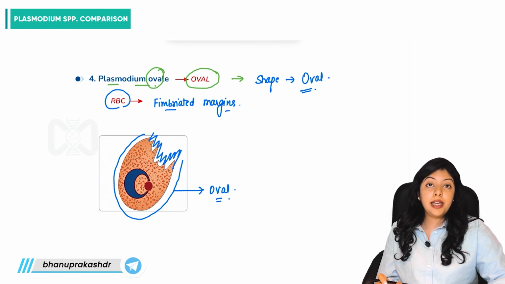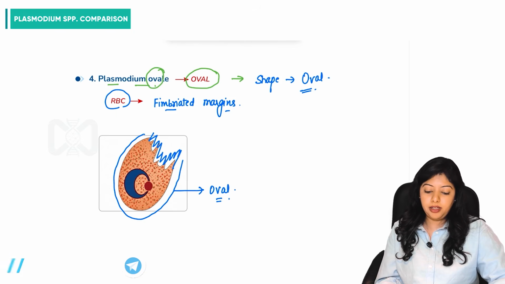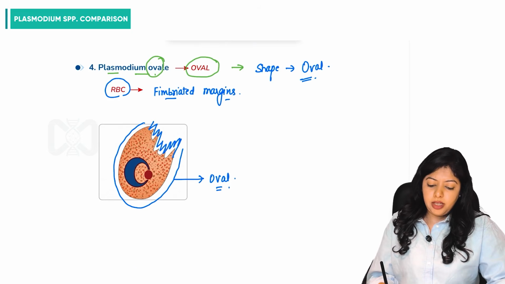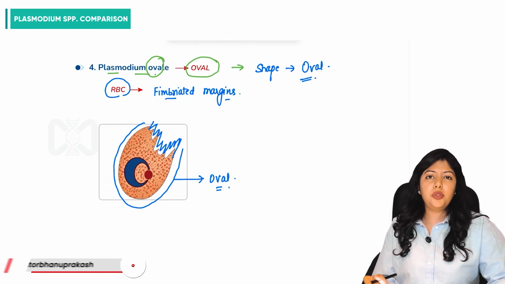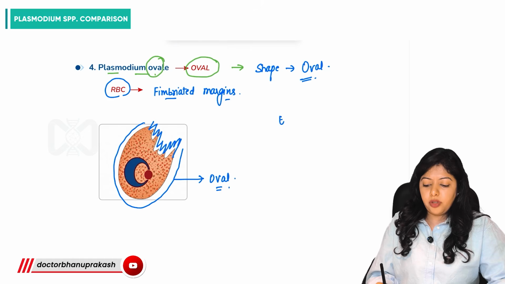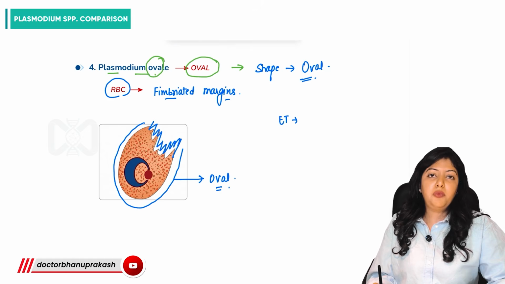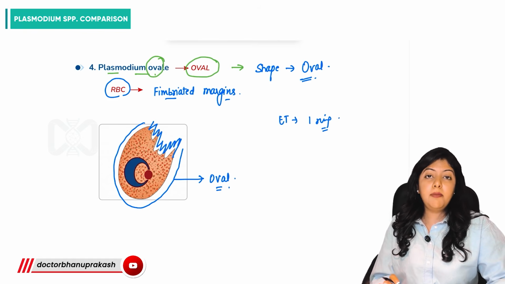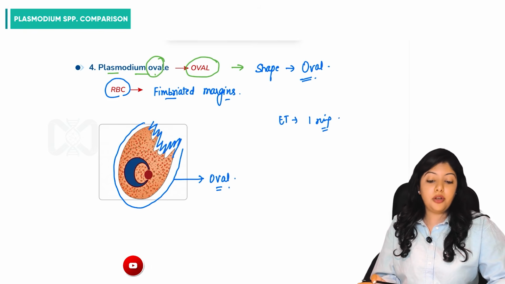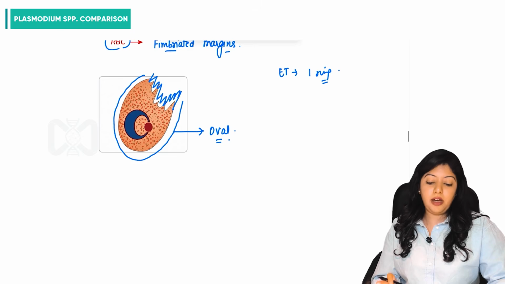In terms of size, it is the Plasmodium vivax RBCs that are enlarged, because vivax is a big one, right? There is not a lot of difference in the early trophozoite and late trophozoite. Early trophozoite is going to have one ring, right? So the major difference is in the shape and the fimbriations of the margins of RBCs.